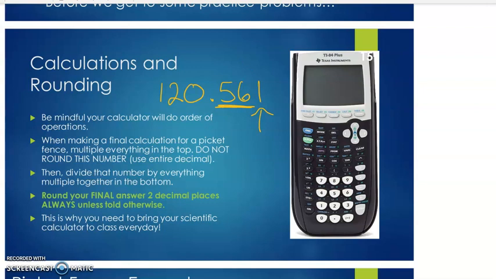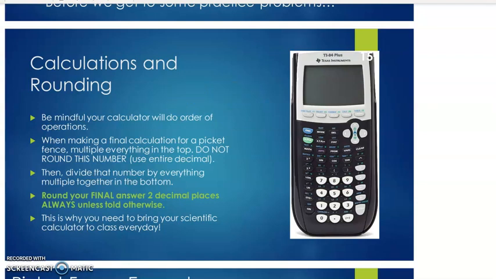But if this number is 5 and up, 5 to 9, then you are going to round up. So, for example, I would round this number to just 120.56. But if, let's say, for my answer, there was like a 7 here, I would round the 6 then up to a 7, okay?